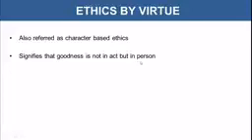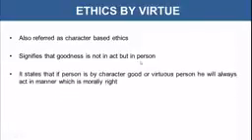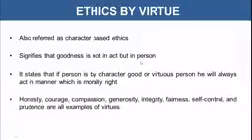And if you are by character a bad person, even if in some situation you are trying to pretend to be good and doing right things, in other situations you would end up doing what is unethical and immoral. So this signifies ethics by virtue. It states that if a person is by character good or virtuous, he will always act in a manner which is morally right.